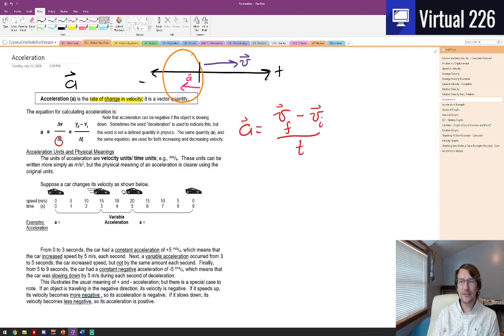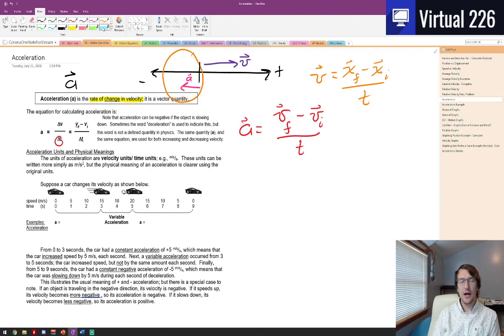This looks very similar to our velocity equation, remember, which was a final position, oops, that's a position, a final position minus an initial position divided by a time. So they look very similar. It's just now we're taking change in velocities divided by time.